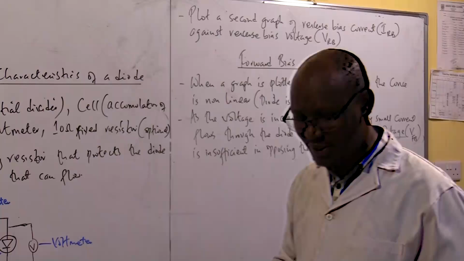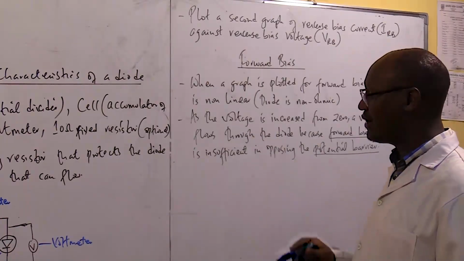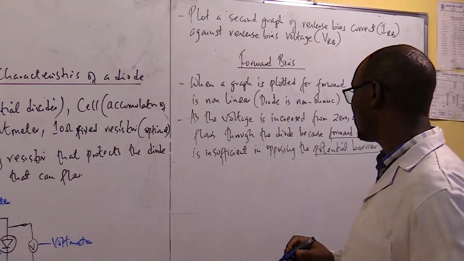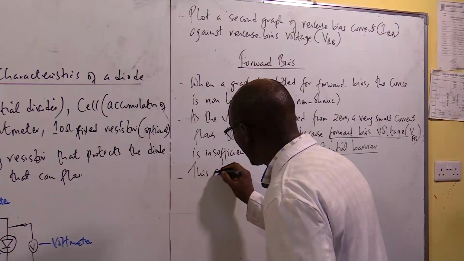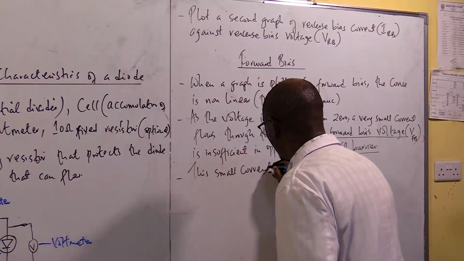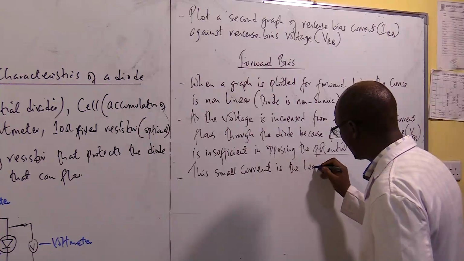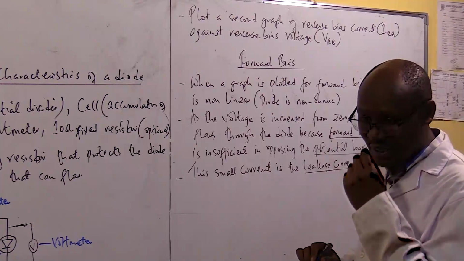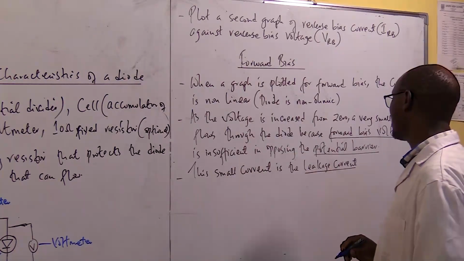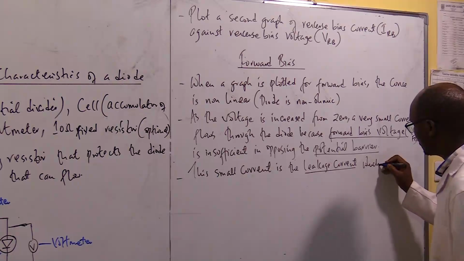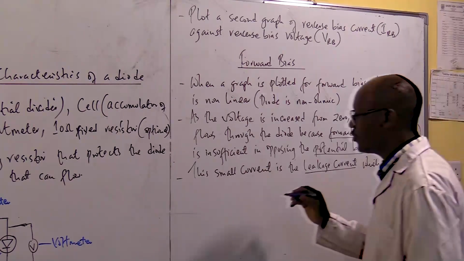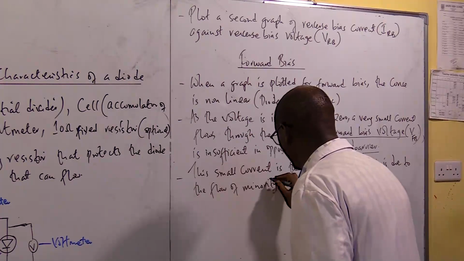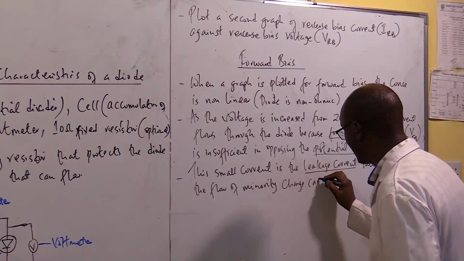Now, we need to note that this small amount of current is what we call the leakage current, and that leakage current is due to the flow of minority charge carriers.